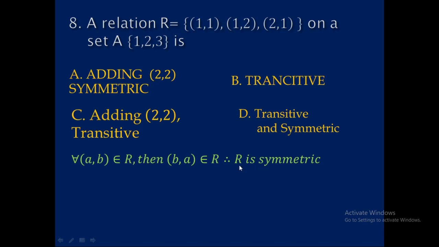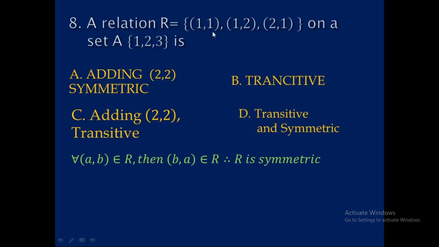R is symmetric, so R is always a symmetric relation. Here adding (2,2), R is not necessarily symmetric, it is also symmetric. Already R is symmetric. Here R is symmetric either adding (2,2) or not adding (2,2). Next verify option B, R is transitive.